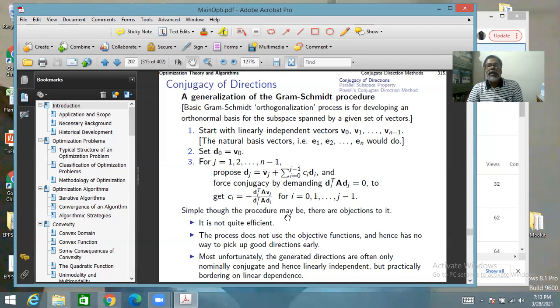Okay, so that way the new direction will not be much of a new direction in which the search will produce something significant, because it's another search along a direction at a very small angle from one that has already been done, and that is one big issue. Therefore, this is not how conjugate direction methods typically generate directions. They generate directions based on other considerations, one of which we are just going to discuss.